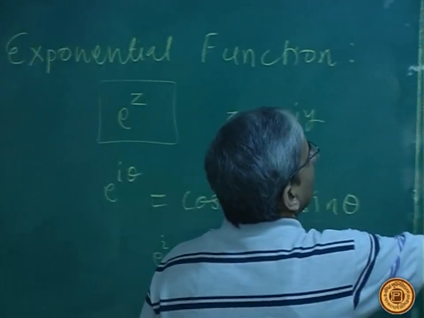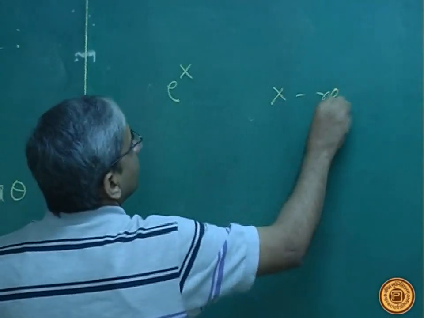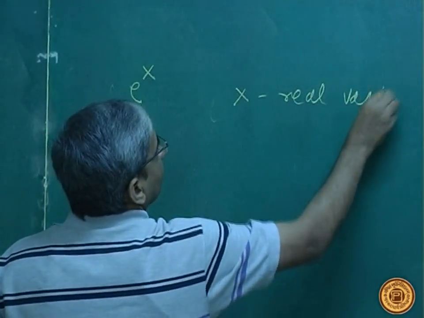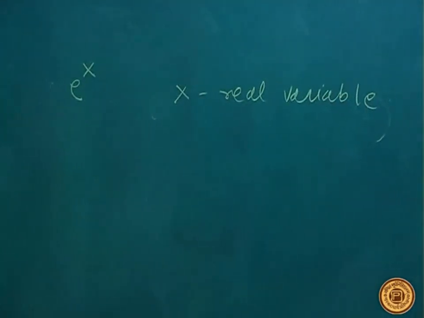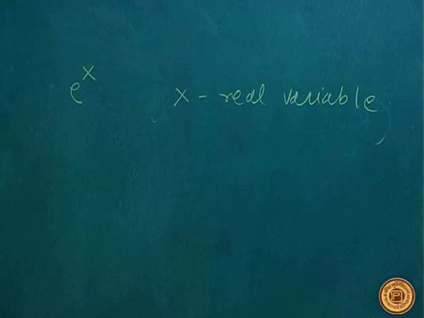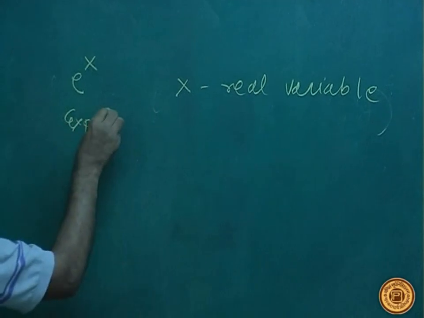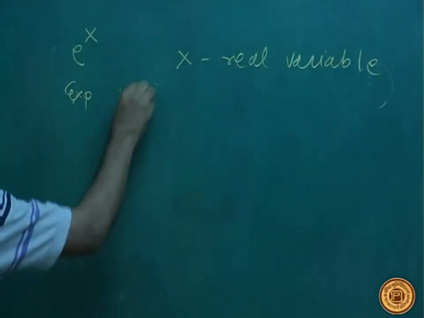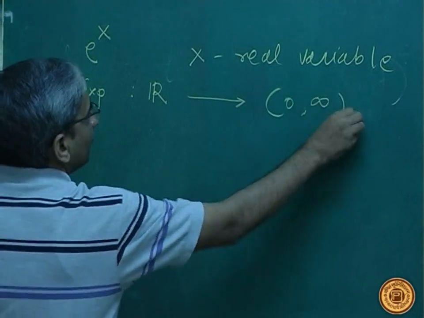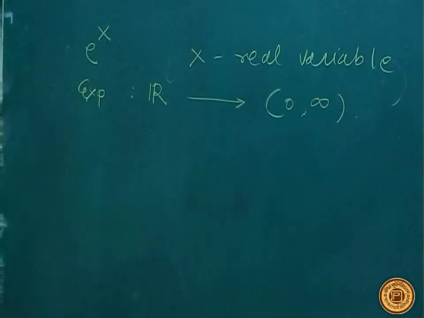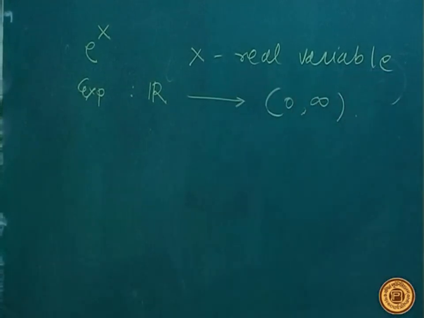First I want to recall what e to the power x is, where x is a real variable. This function, sometimes also denoted by exp, is defined on the entire real line, but it takes only positive values. So the exponential function is always positive, never takes negative values.